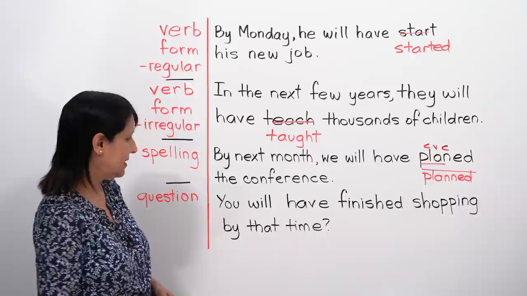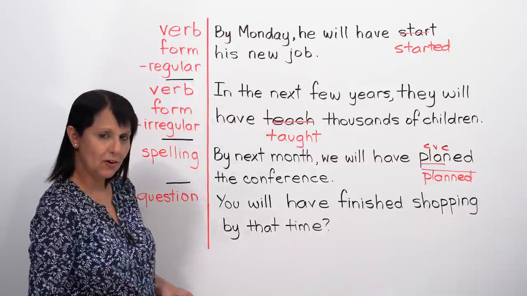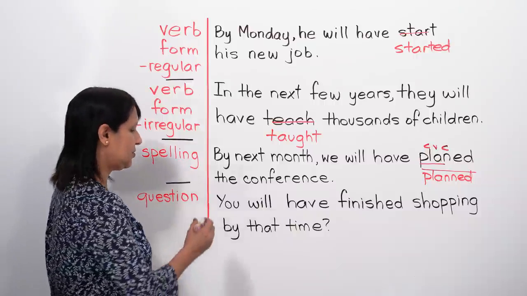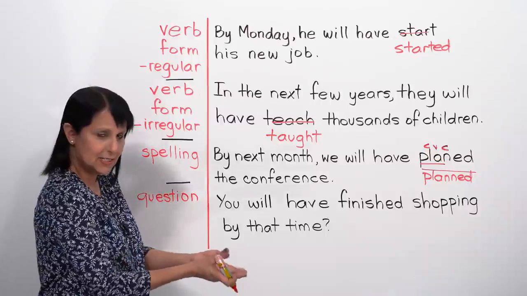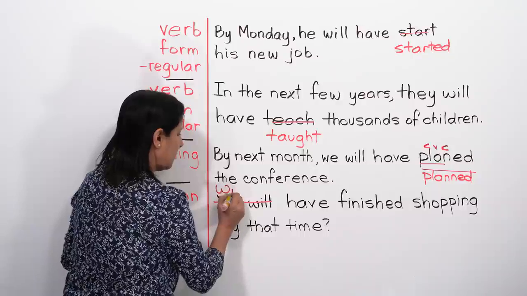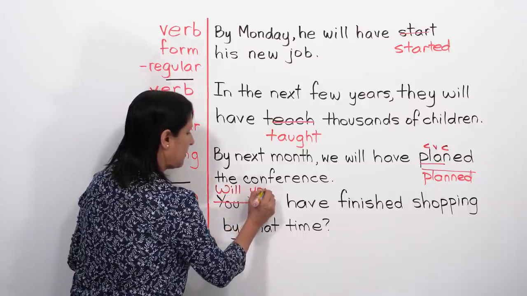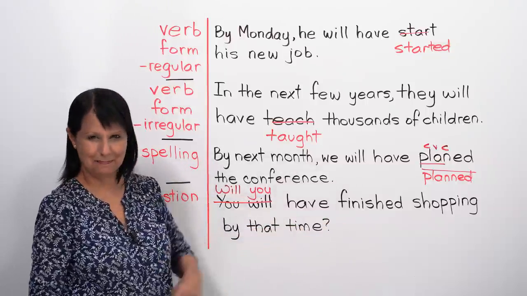It's really easy. Remember the form for the question? How will it start? It will start like this. Instead of you will, which is like a sentence, we change the order and we write, will you have finished shopping by that time? Okay?